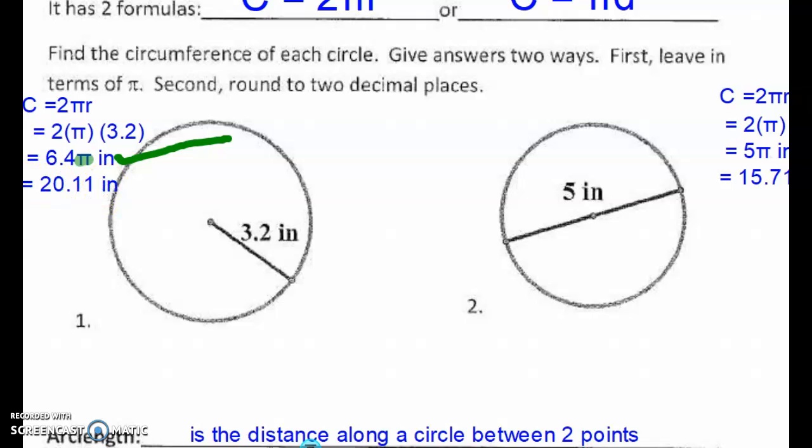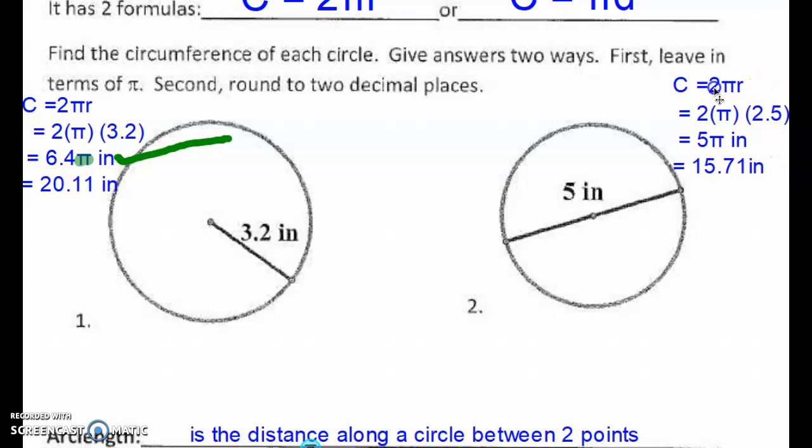Okay. And now when we go over to problem 2, what I did was I kept my formula. And notice, 5 is a whole diameter. I took half of it and got 2.5 for the radius. Now, if you wanted to use this formula right here, you could have. 5d.